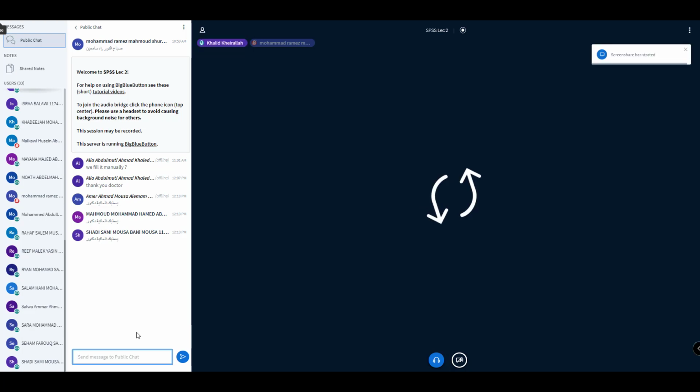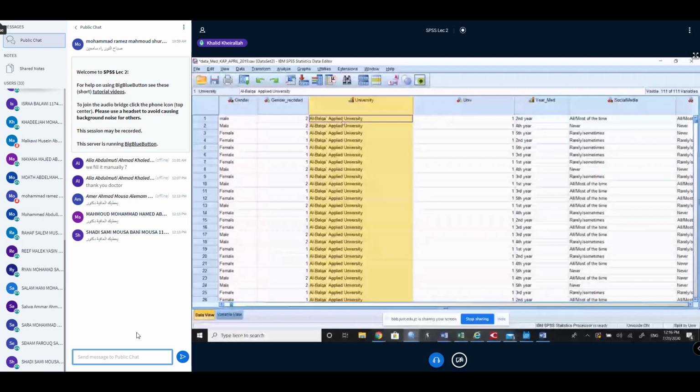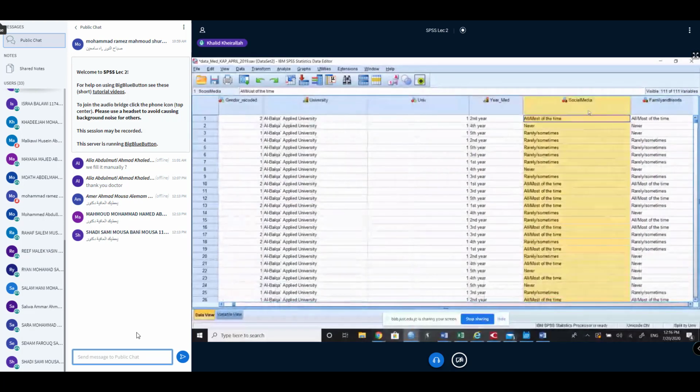What you will be seeing is that this variable is going to be the same. University is going to be the same. This variable, for example, is going to be the same. Now these you may need to go back and recode, because this question, for example, was how often do you use social media as a source of information for COVID?